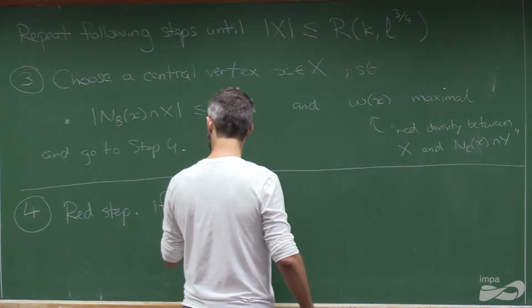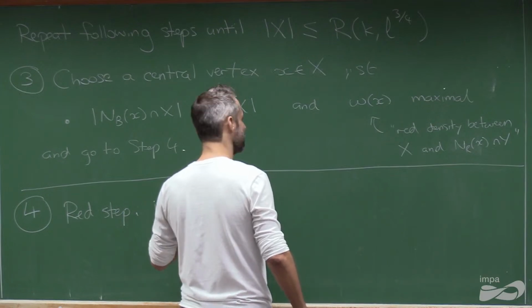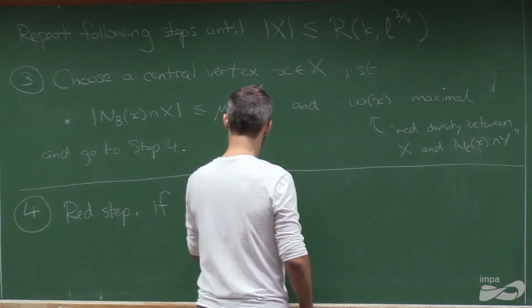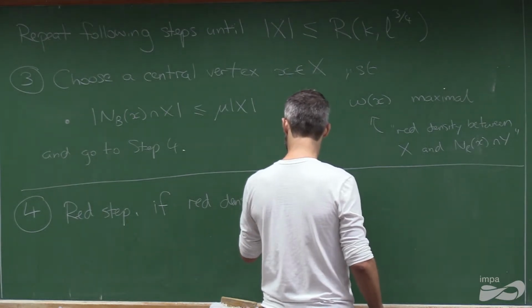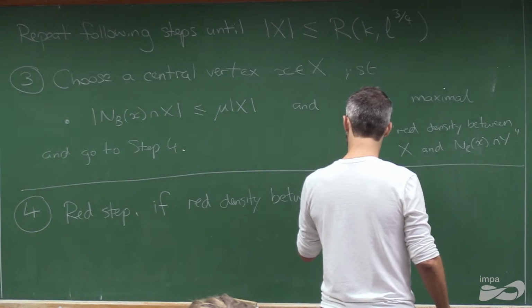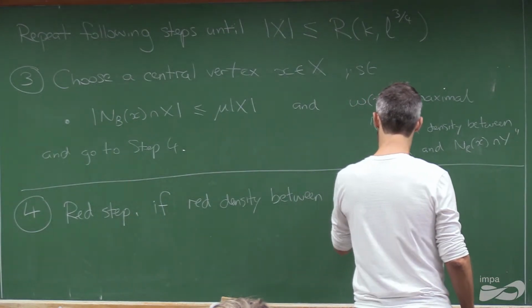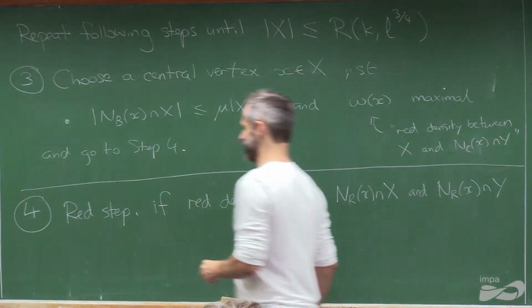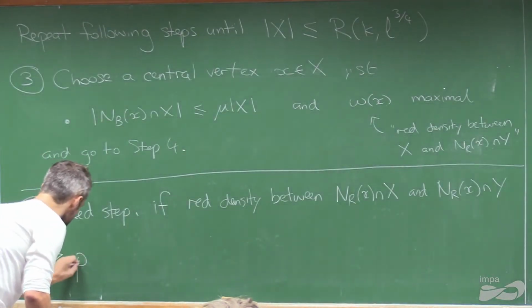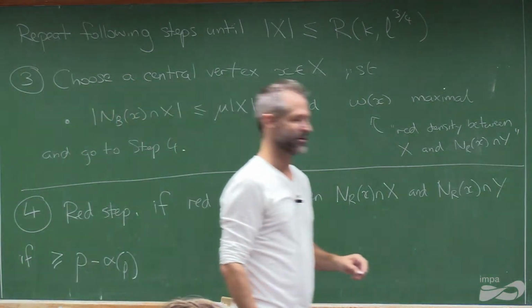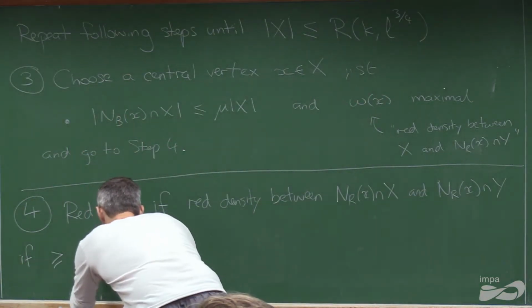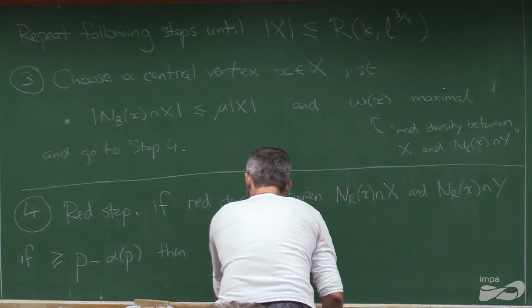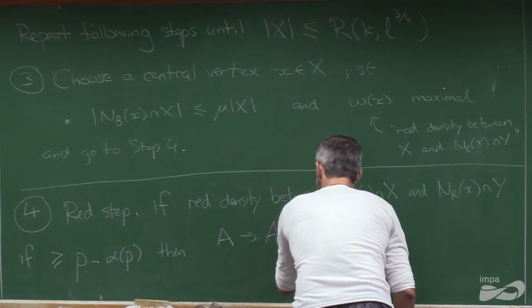If the red density between the red neighborhood of x in x and the red neighborhood of x in y is at least p minus alpha p, then update: A becomes A union x.